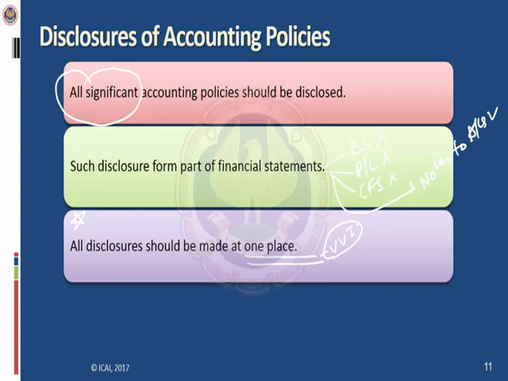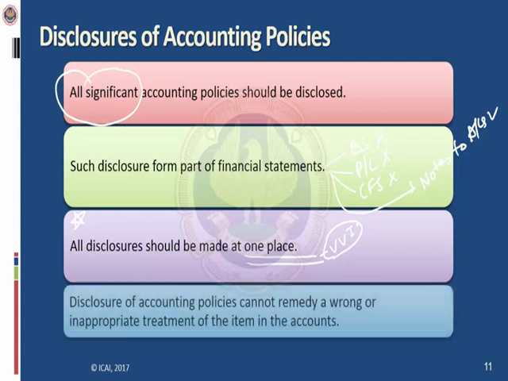In the first section of notes to accounts, the company gives a section of significant accounting policies, and all the significant accounting policies are given at one place under that section. So the disclosure should be made at one place.